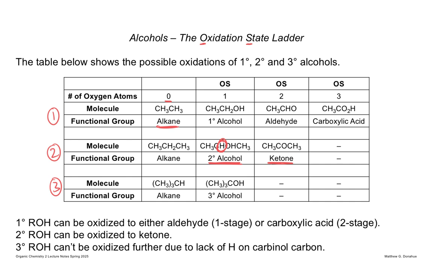In the third case, notice the tertiary alcohol cannot go up in oxidation state. We have OH and then a carbon with three other carbon substituents, so a tertiary alcohol has no hydrogens to eliminate.